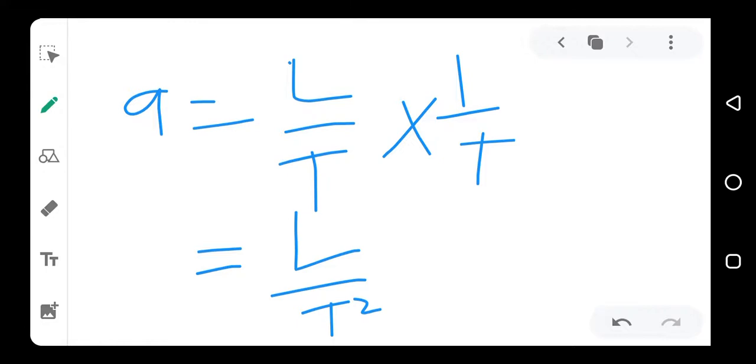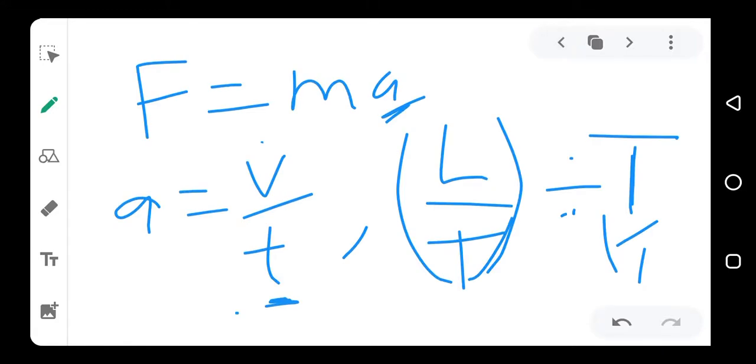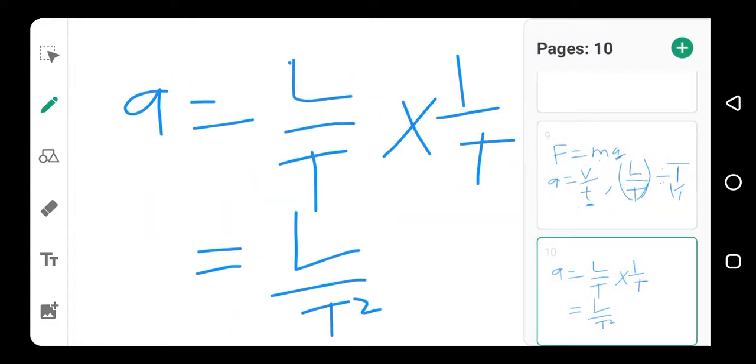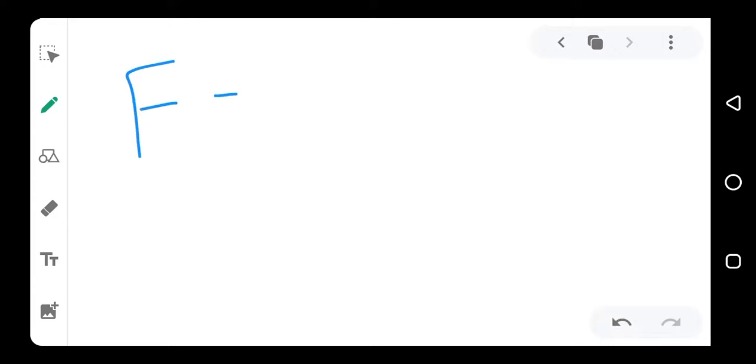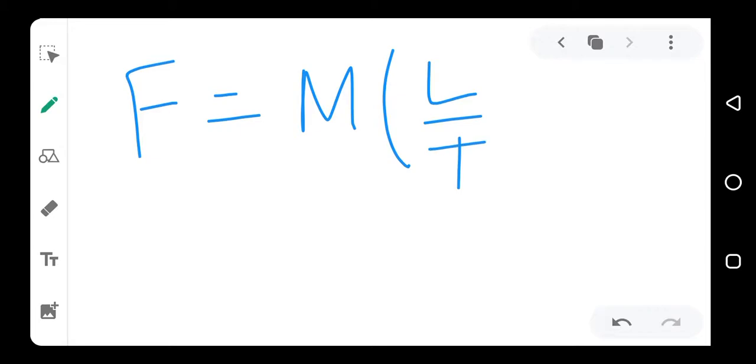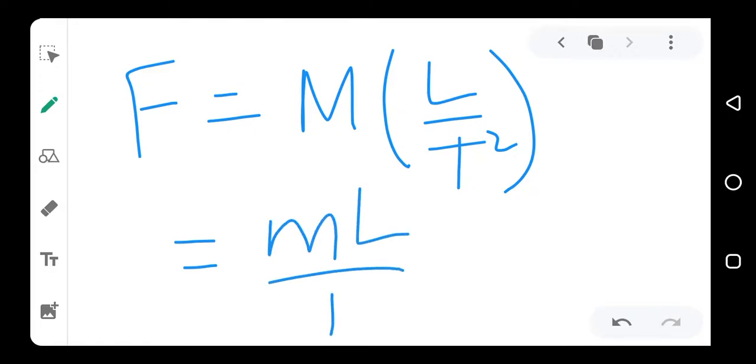And so we put it together with the m, the mass, to get the dimension for force. Force is equal to the symbol for mass, capital M, multiplied by L over t squared, which is equal to ML over t squared. This is the dimension for force.